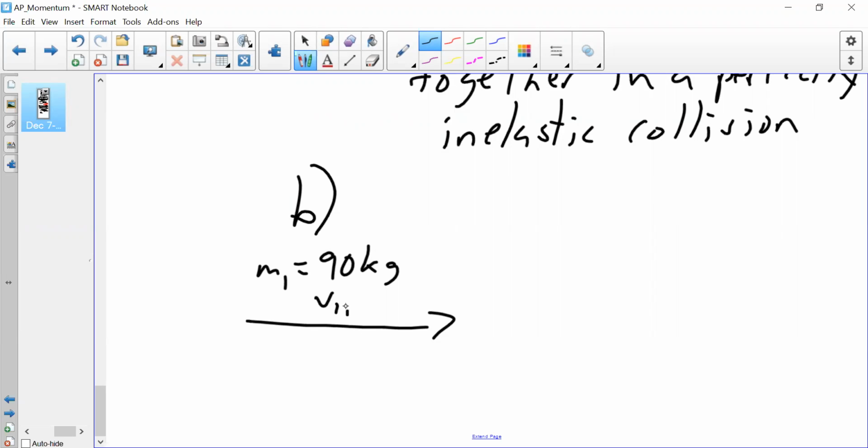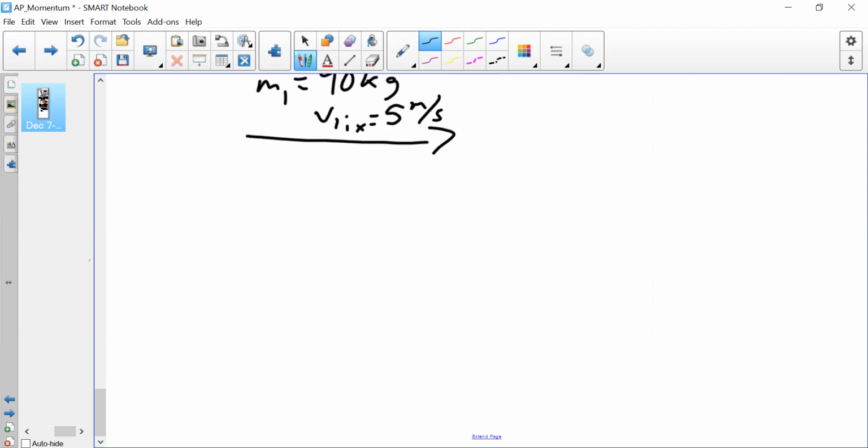His velocity, say x, is going to be 5 meters per second. 12 miles an hour, something like that. And then here is the linebacker. He's coming up. Boom. He's going to tackle him.